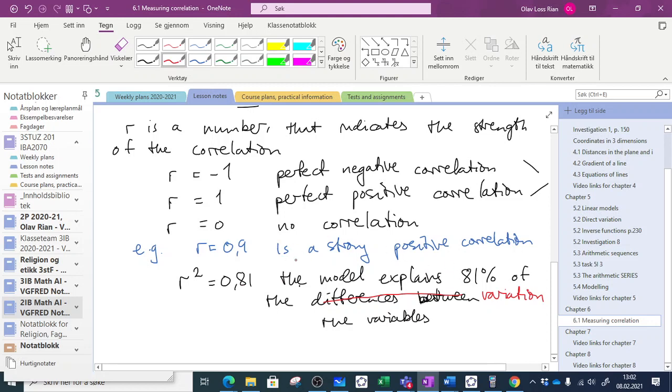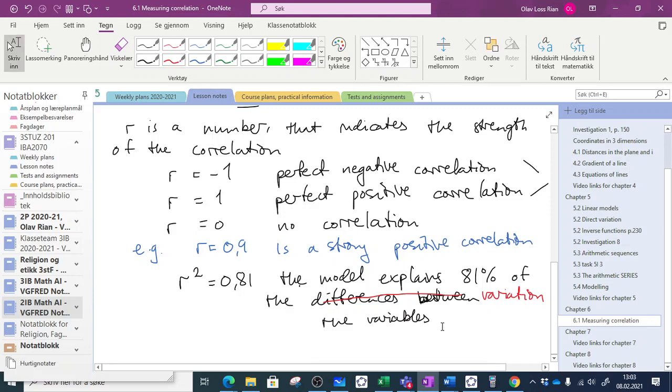So that's the reason why 0.9 is a strong positive correlation, whereas 0.7 is much weaker than 0.9, even though it doesn't look like it. But that only explains 49% of the variation.